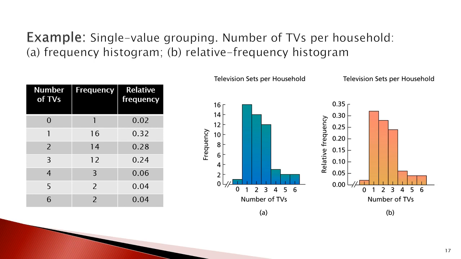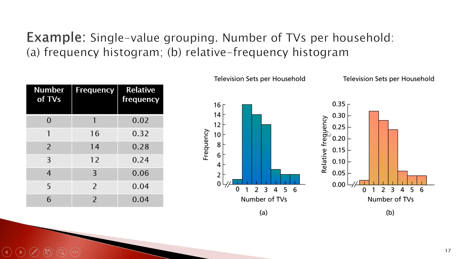Let's consider the first bar: it is of height 1 because the frequency is 1. The second bar is of height 16 because the frequency equals 16. Likewise, we can draw the graph with respect to the frequencies of each distinct value.